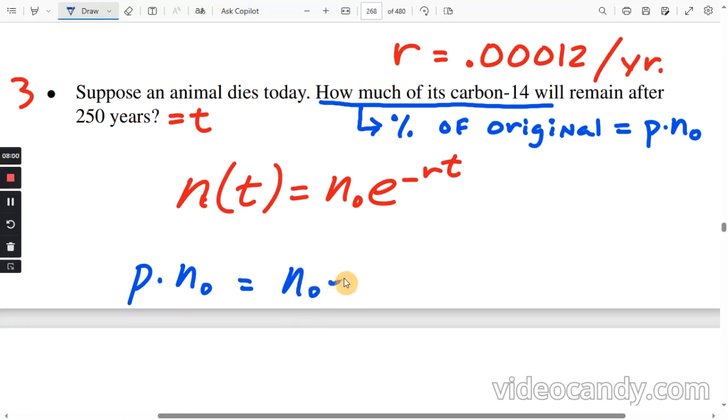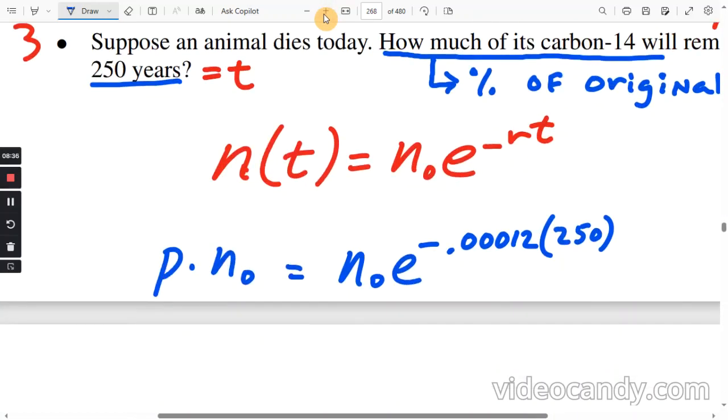And that's going to equal n sub 0 times e to the negative r, which is 0.00012, and times t, that is 250 years. All right, so we are actually solving for P. All right, P I just used for percent. You can use X if you want, but P is just the percentage.